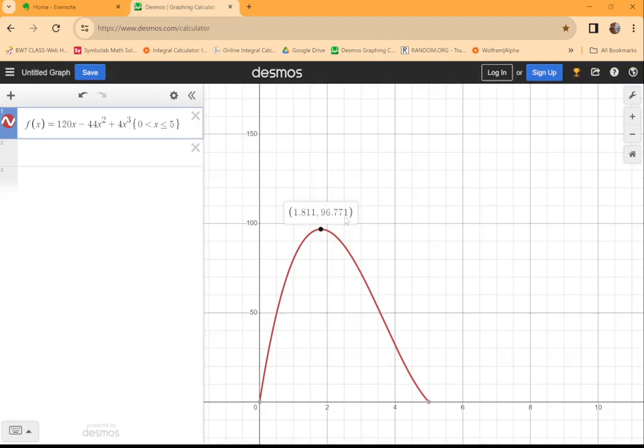And that's what this second number represents, the output, the range. That's the 96.7, and the units there would be cubic inches. And you can tell from your formula, the highest power is cubic, so it would be in cubic inches. So that is how we determine how to maximize our volume.